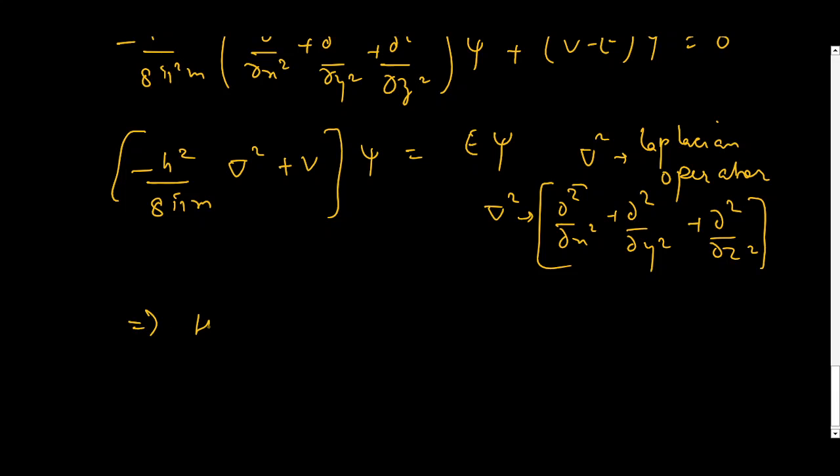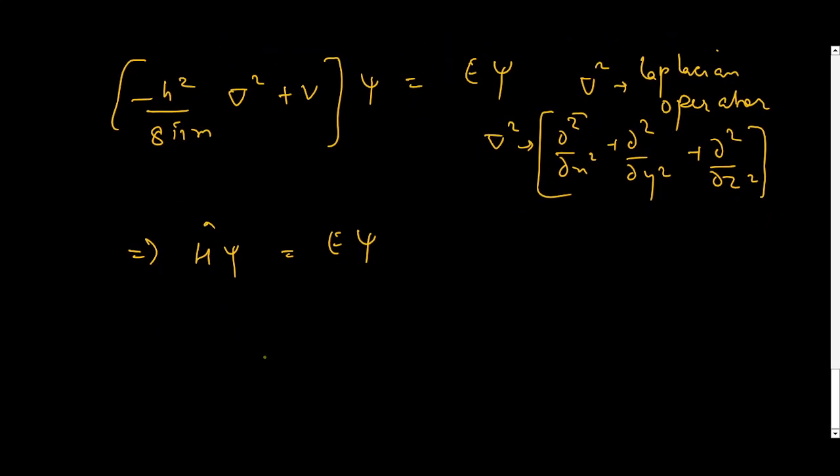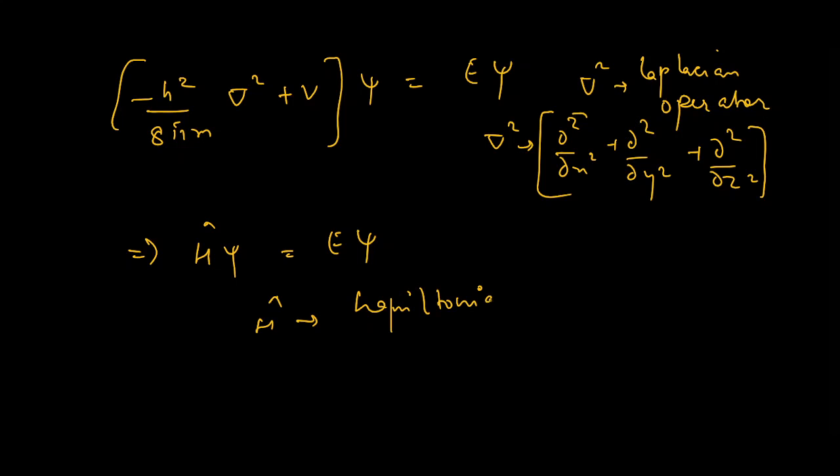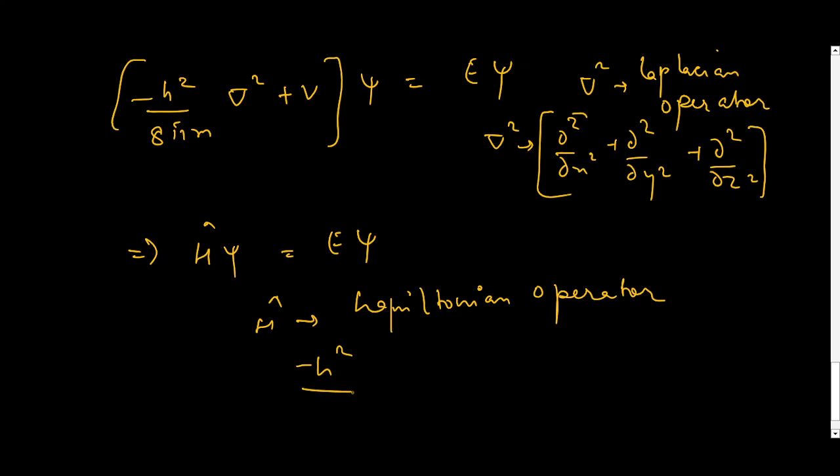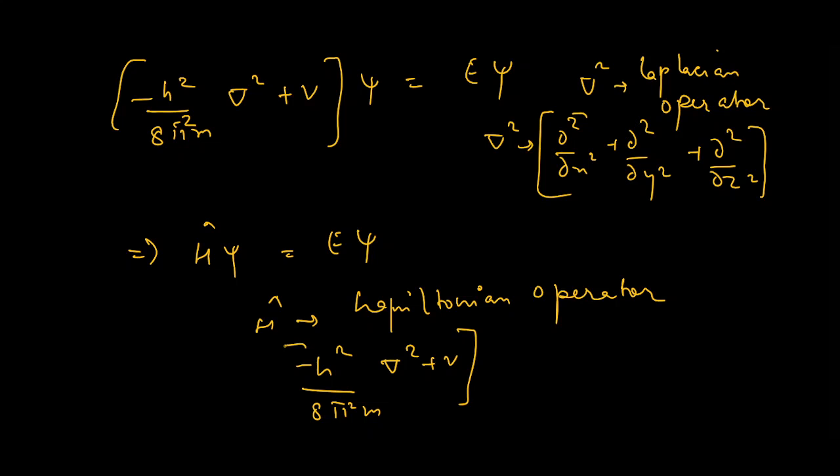So we can write this as H xi is equal to E xi, where H operator is Hamiltonian operator, and its value is minus of h square upon 8 pi square m del square plus V. So this is the value of Hamiltonian operator.